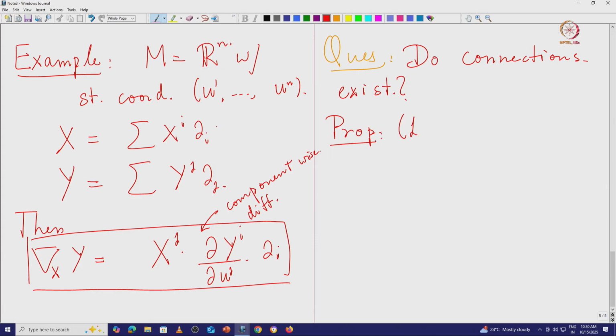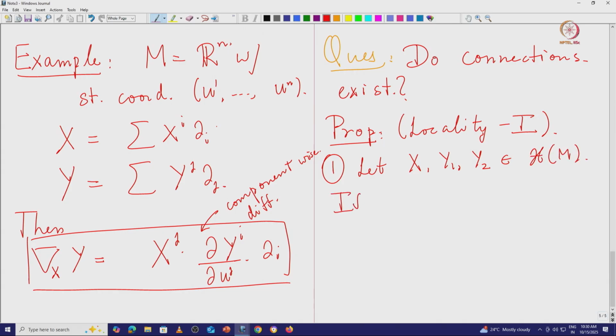So the first and most crucial property is that the connection is a local operator. So I'll label this proposition locality 1, because in the next lecture we will refine this proposition and obtain a slight generalization which I'll call locality 2. Okay, so this is a two-part proposition. So let x, y1, y2 be vector fields.